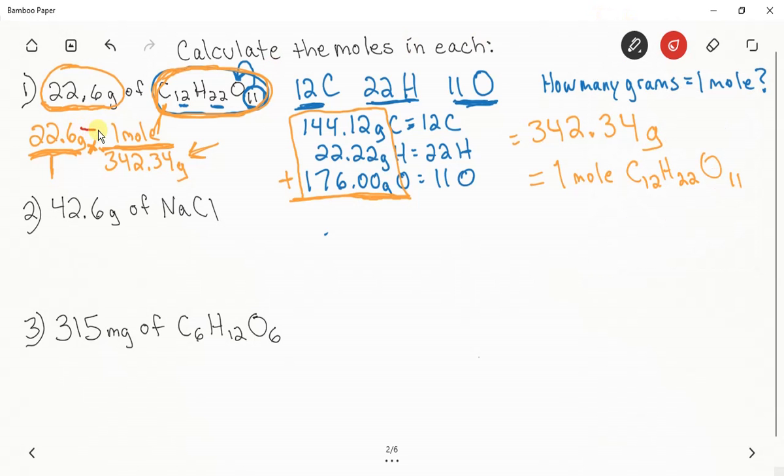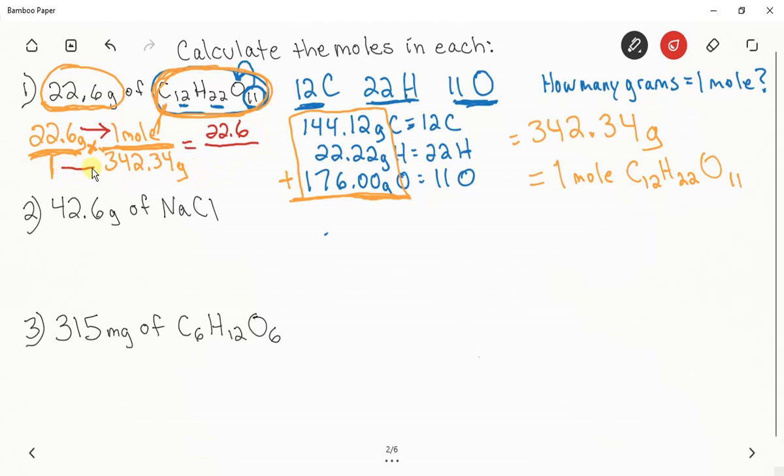So you just multiply 22.6 times 1, and let me erase this, and that equals 22.6, and that's on the top of the fraction bar.